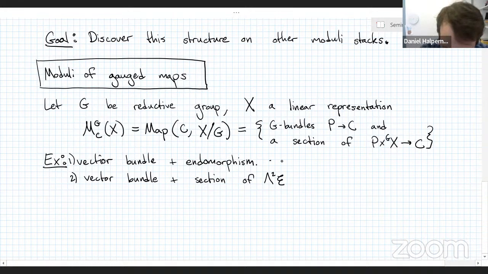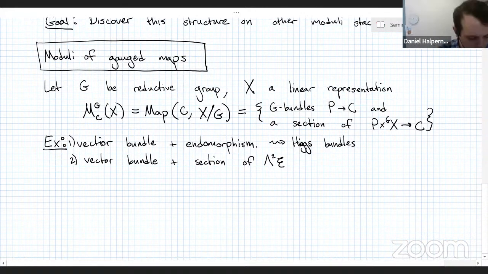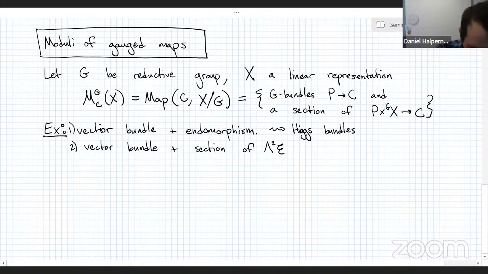Higgs bundles also fit in here. That's twisted by the canonical bundle, but there's a way to formulate that using basically this mapping stack. So there are many examples where this sort of stuff shows up. It's basically a G-bundle along with some extra structure.